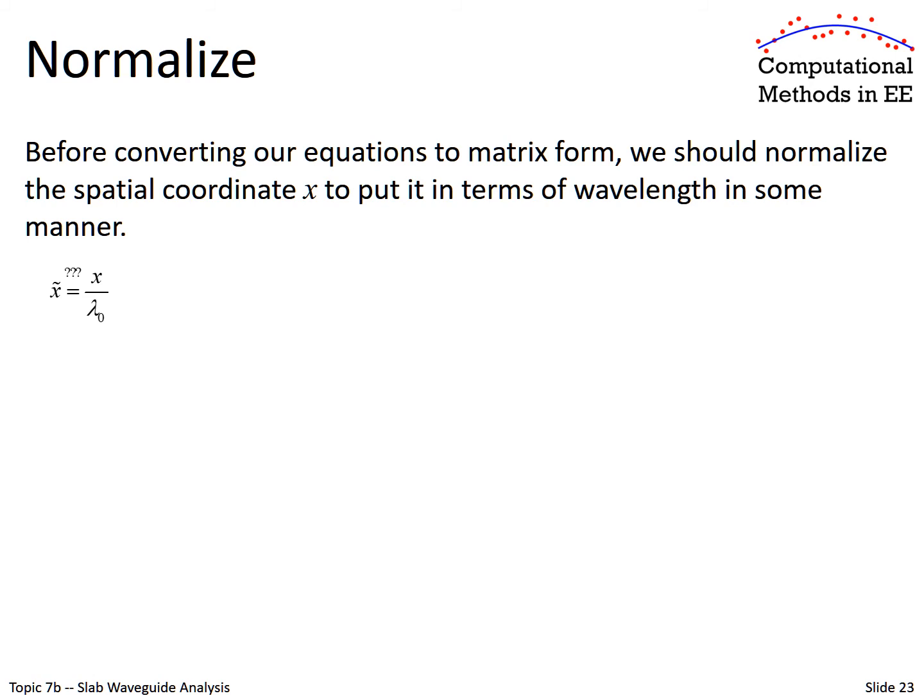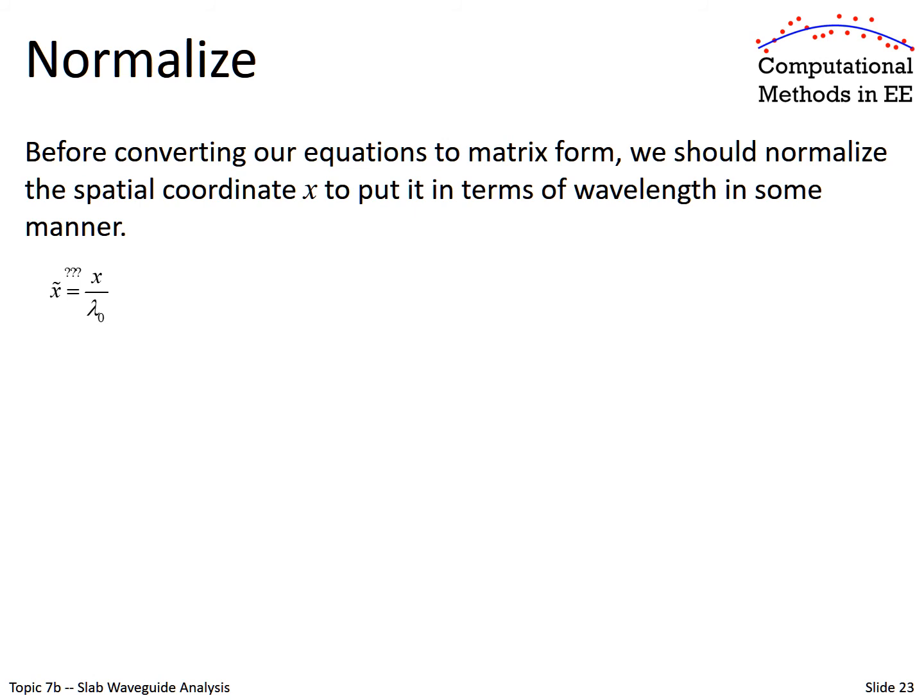Now in computation, we always want to normalize everything, and that goes back to when we talked about errors. If you have two numbers, and one is on the order of 1, and the other is on the order of 10 to the minus 3, and we're adding and subtracting those, we're losing digits of precision every time. We really would like every number in our method to be as close to 1 as possible. Now in electromagnetics, our dimensions could be micrometers or meters or even kilometers.